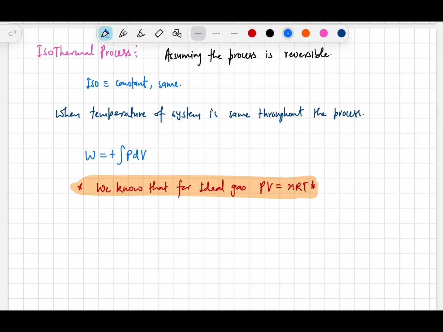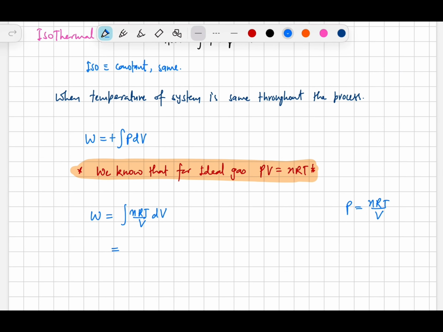Okay, so in that case you can replace the value of P from PV equals nRT, like this: nRT by V. So nRT by V into dV, and since temperature is the same, n and R are the same, so you can take them outside, and it will become dV by V. This is W, from V initial to V final.